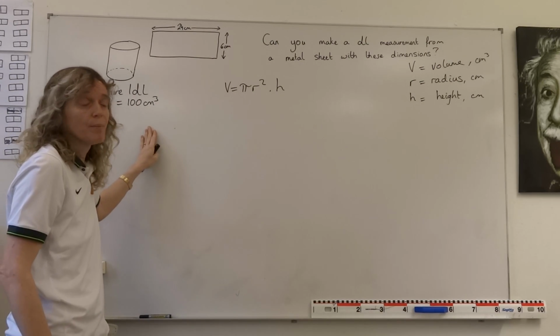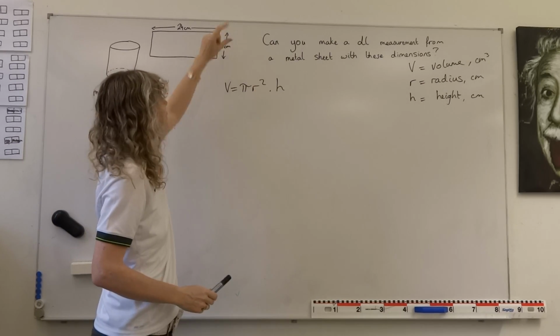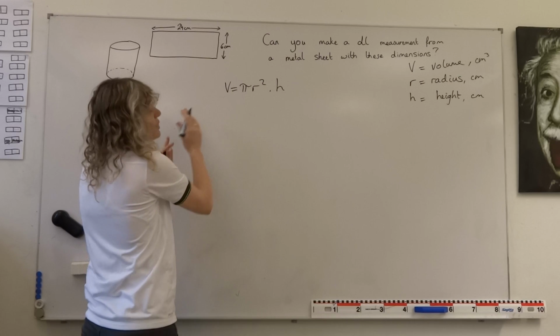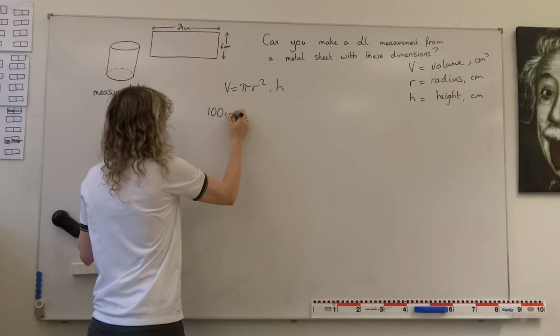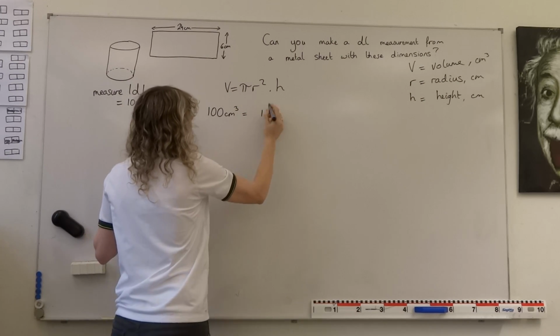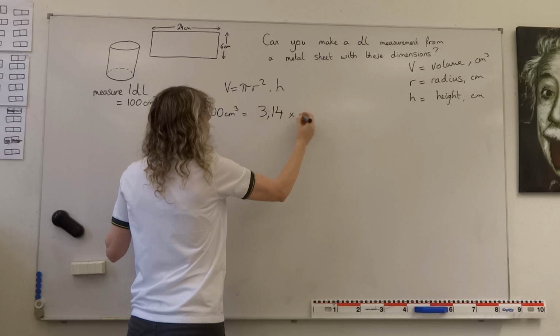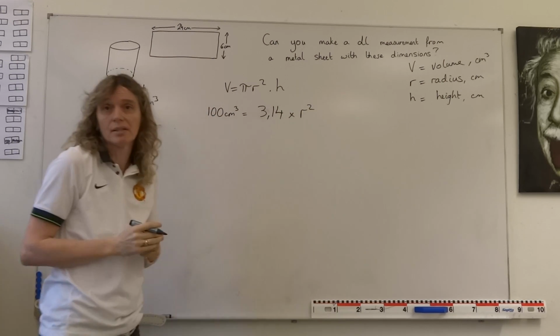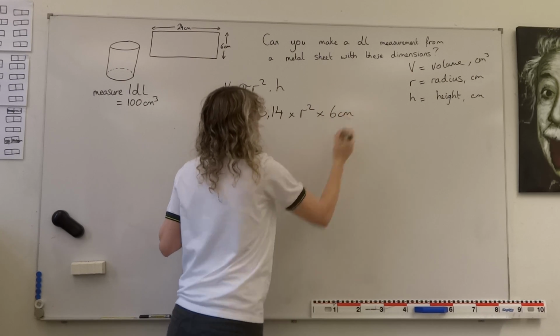That's the first step. We also know that we have a maximum height of 6 centimeters. So if we plug in what we do know, the volume is 100 centimeters cubed equals pi. We know that pi is 3.14. We don't know what the radius is yet, but we do know that the height is 6 centimeters.